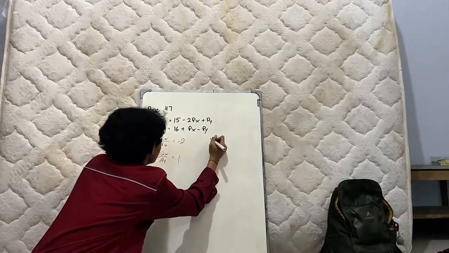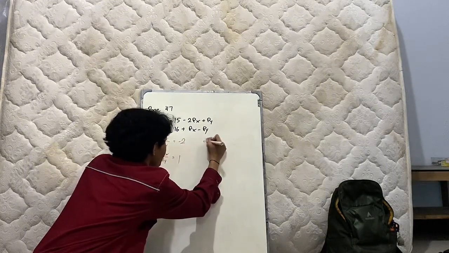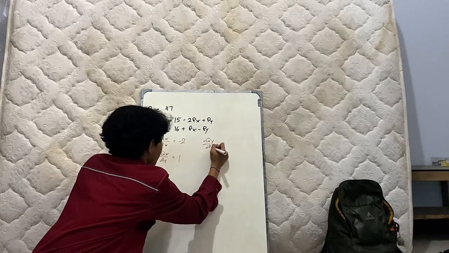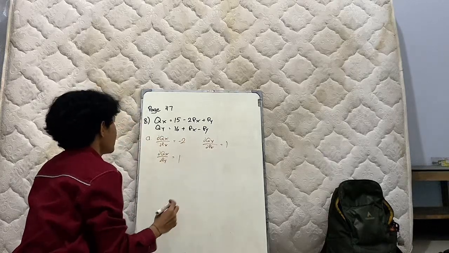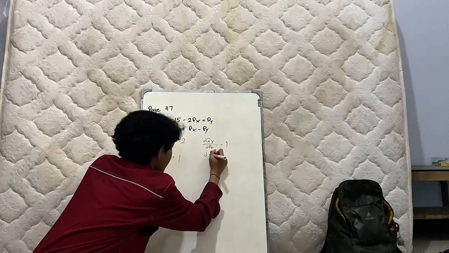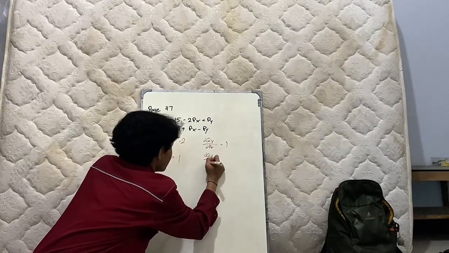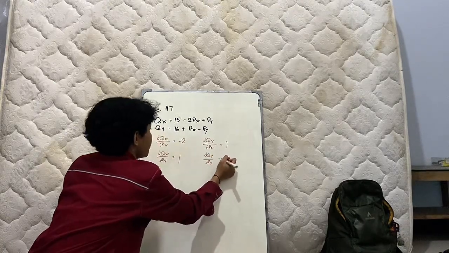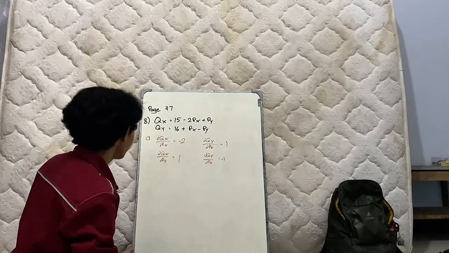Then we derive Px from the Qy function, and we will get +1, and last is Py from the Qy function. We will get -1, right? Yes. So these are the four partial derivatives.